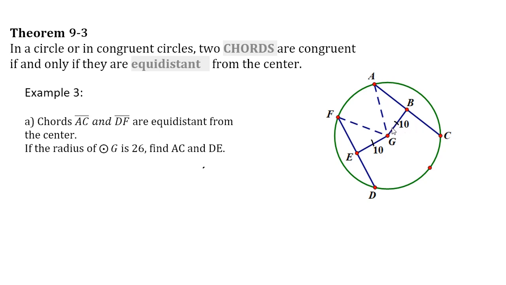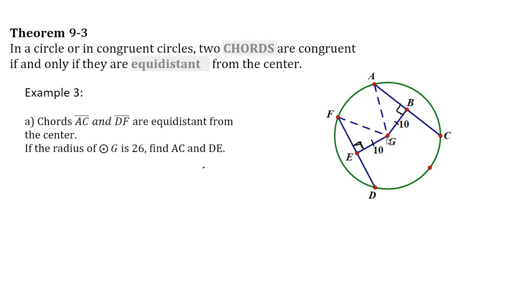Now, the other thing about distance is that because we're looking at the distance from the center to this chord, we're looking at a perpendicular segment. So that means that there's a 90-degree angle here, and also for the distance between G and the chord AC, that has to be a perpendicular segment to the chord. Okay, so don't forget those two things.